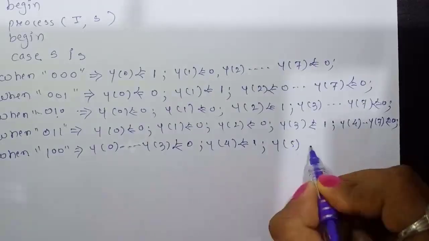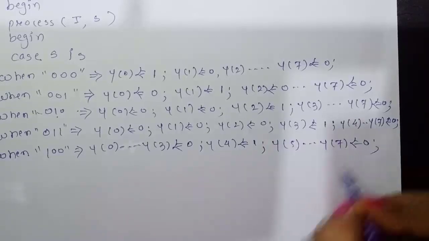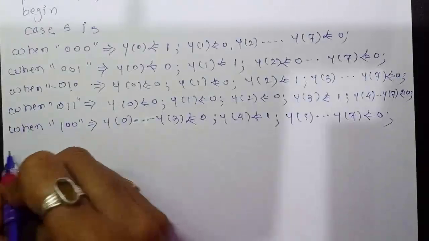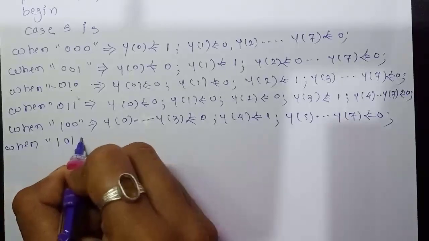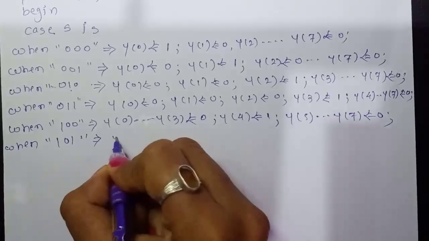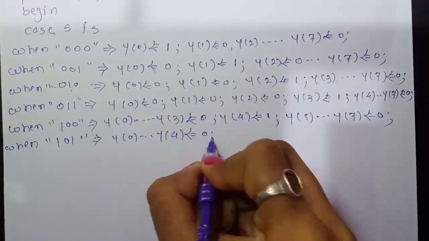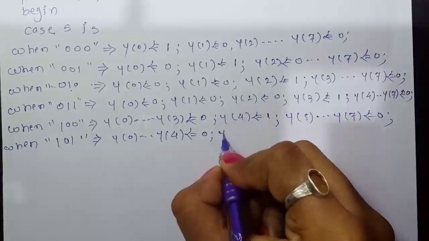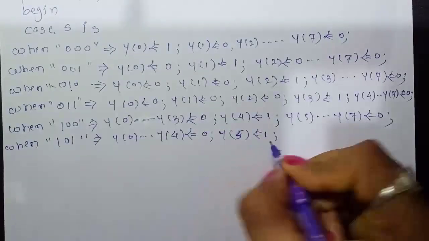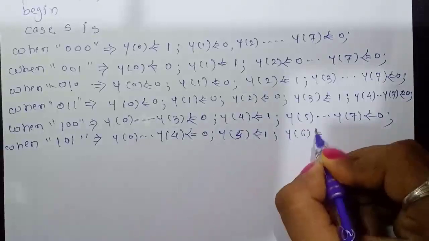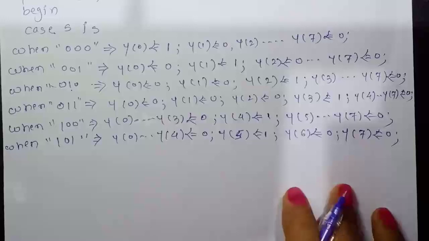After that Y5, Y6 and Y7 are also assigned 0. Then when the selection line is 1 0 1, Y0 to Y4 are deactive, only Y5 will be active, that means it is assigned 1, then Y6 is assigned 0, and Y7 is again assigned 0.